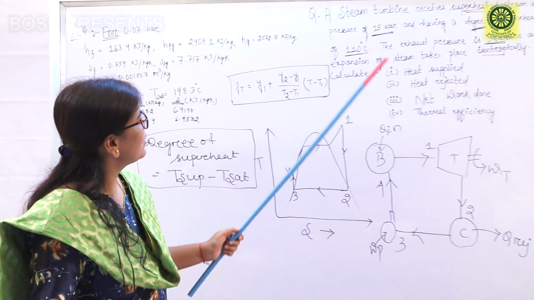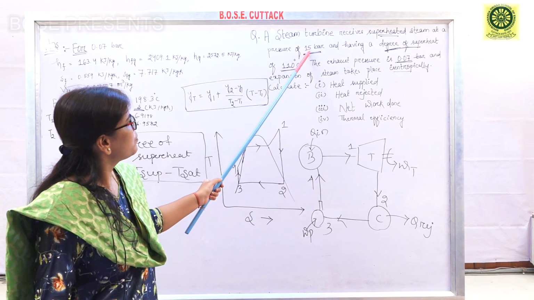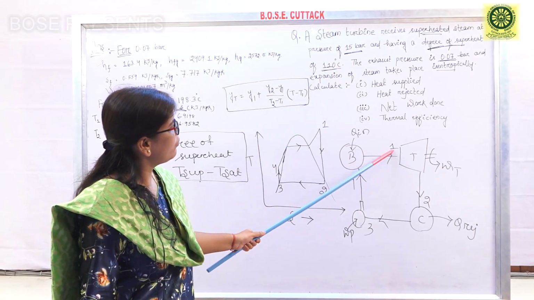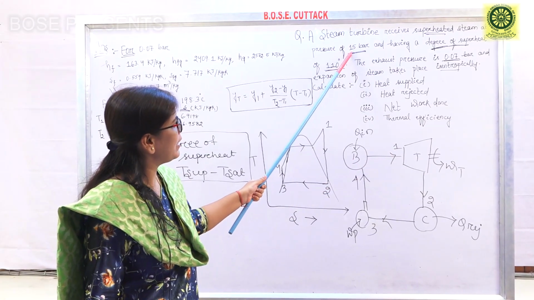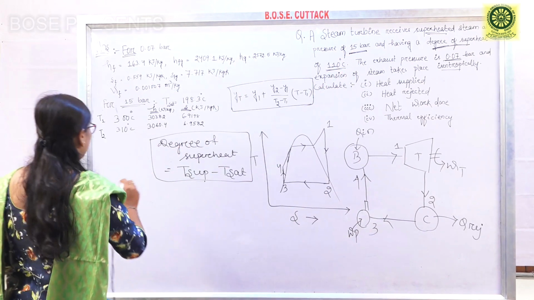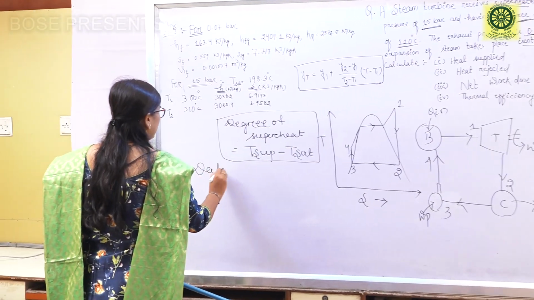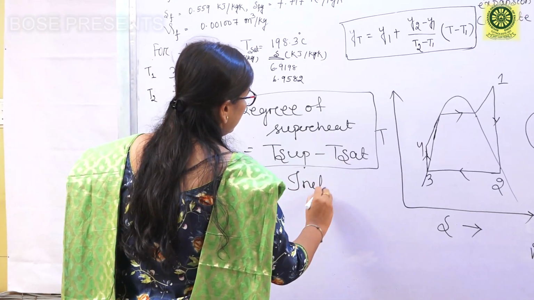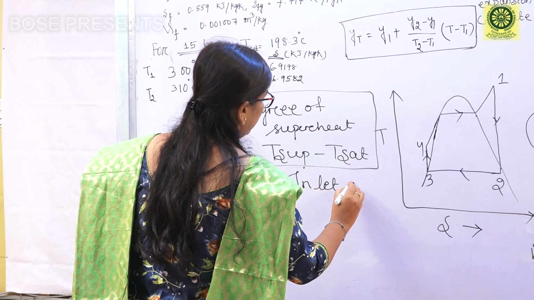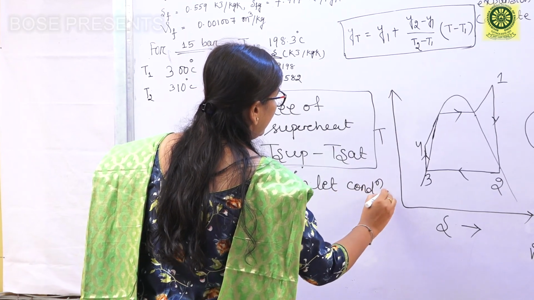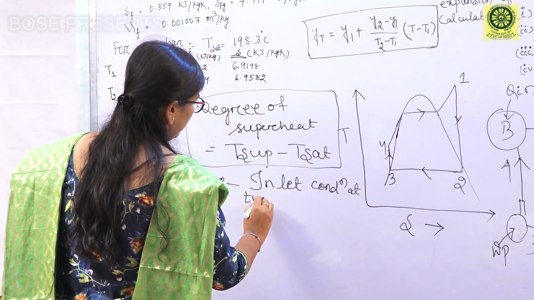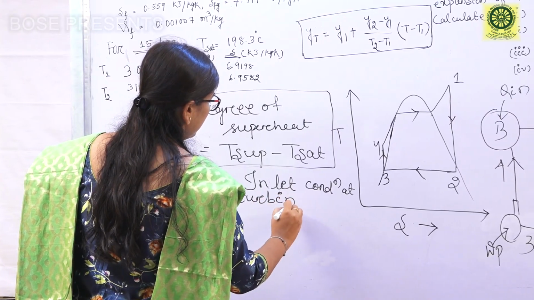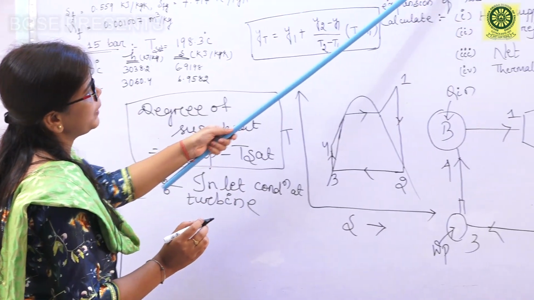So in this question, what are the data? At point 1, the pressure is 15 bar. I can write down here, the data: first, the inlet condition at the turbine. Pressure is how much? 15 bar.